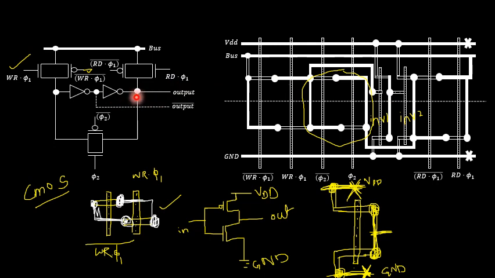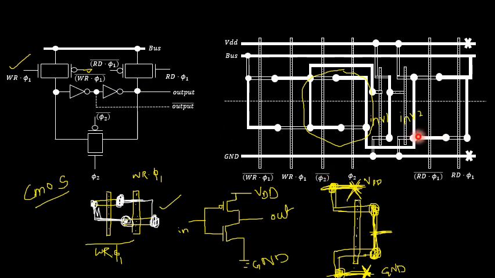Then inverter 2 output has to get connected with phi2 complement signal or the read phi1 and read phi1 complement signal. So first we will complete the read phi1 and read phi1 complement signal. So this is the parallel connection, follow exact the same rule what you have used for write phi1 and write phi1 complement, and one end of the read phi1 and read phi1 complement connected in parallel should go to the bus. So one end I have considered it with the bus, another end should go to the inverter 2 output.